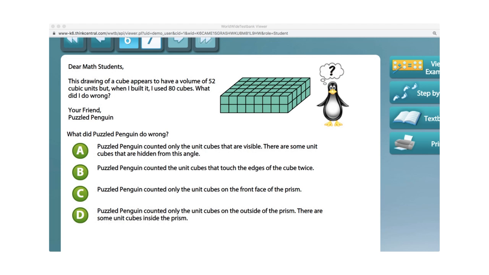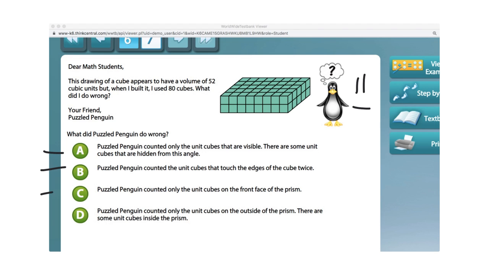Final problem, we got a puzzled penguin over here. Not sure what he's thinking about, but he said he built this and the drawing only shows 52, but he knows that he used 80 when he built it. So how come the drawing looks different than what he used to build it?